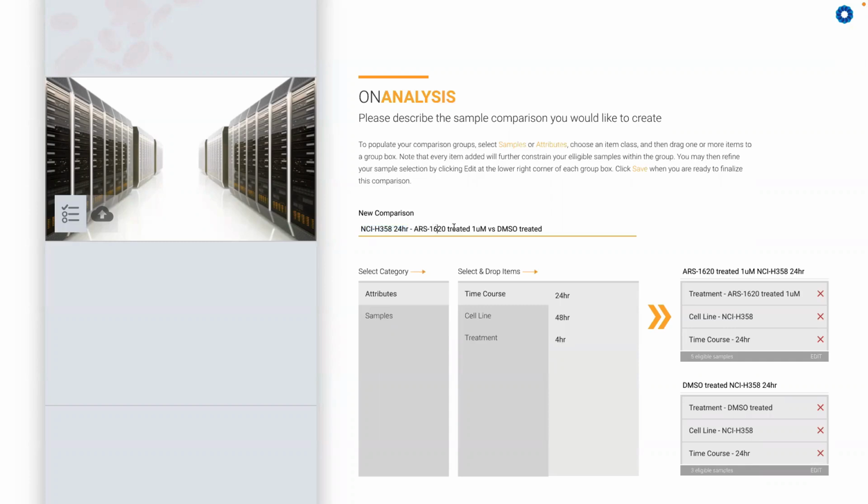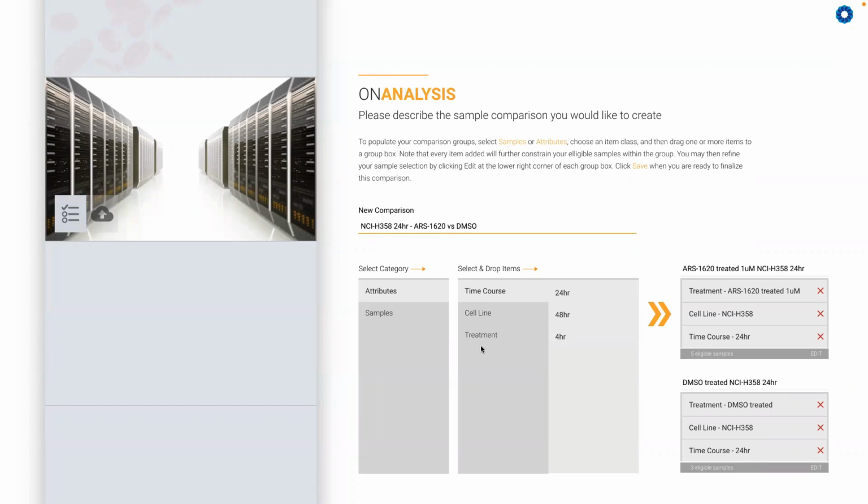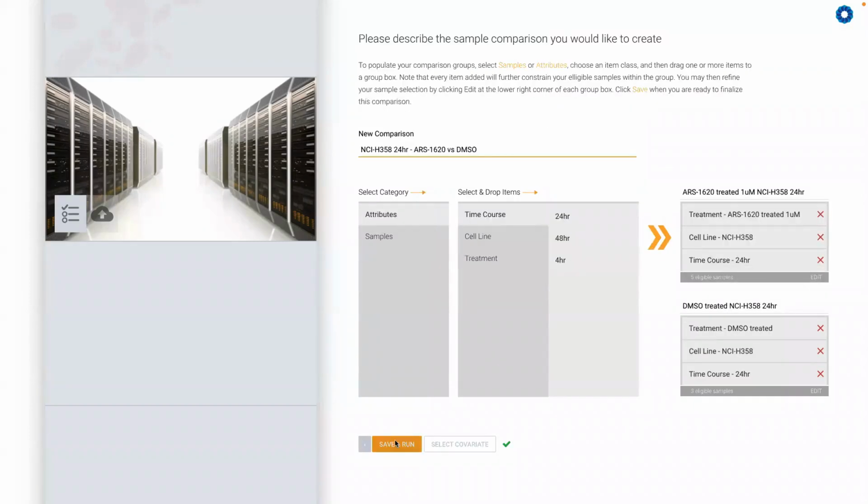I'm comparing ARS-1620 treated with 1 micromolar versus DMSO. And frankly, I can just take off treated because that's a redundant word and just say it's ARS-1620 versus DMSO. That's exactly what I want. I'm ready, and I can scroll below and I can click save and run.